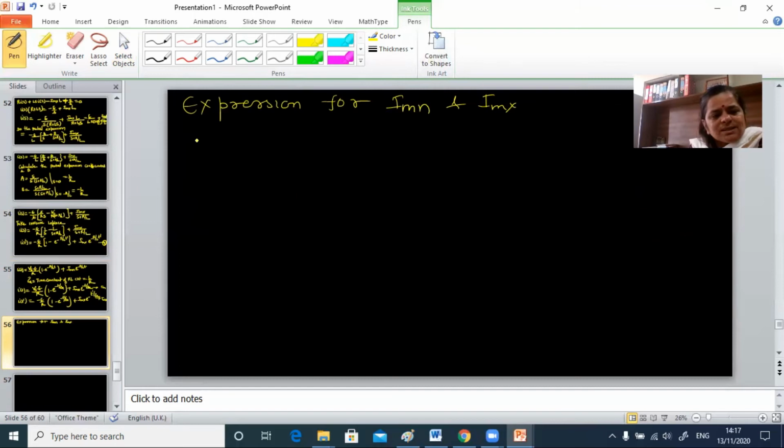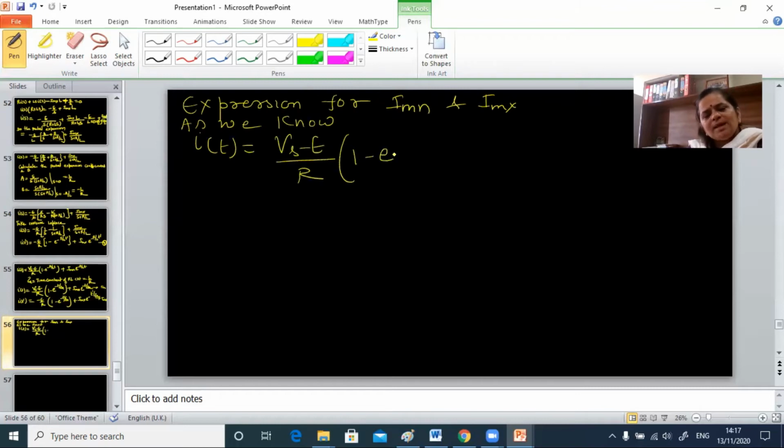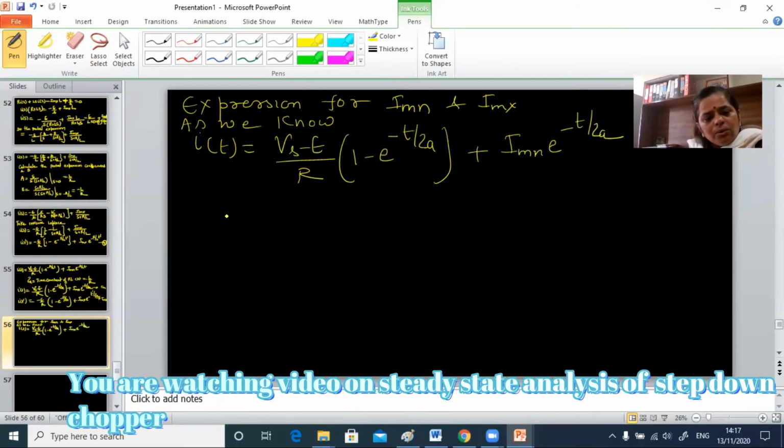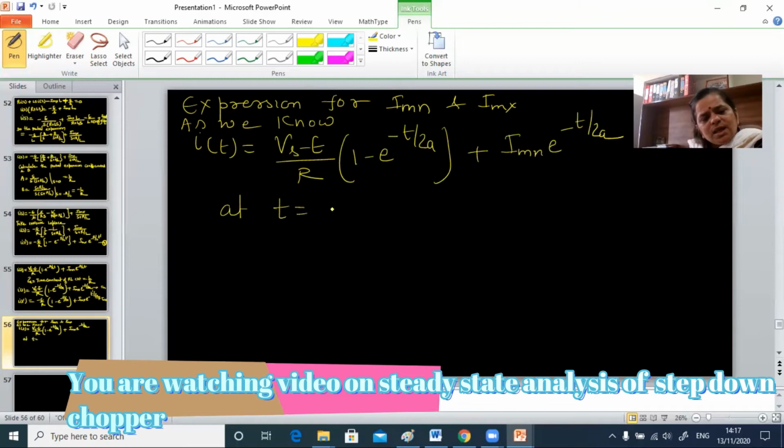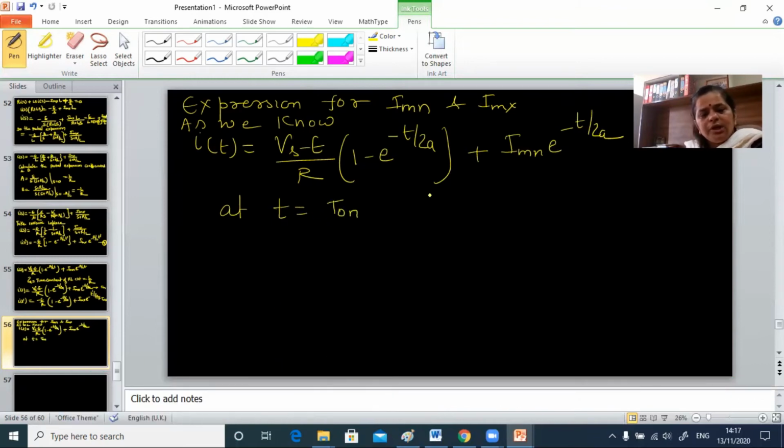Okay, so for this, as we know, i(t) is equal to (Vs minus E) by R times (1 minus e to the power minus t by τ) plus I minimum e to the power minus t by τ. We know that at t is equal to TON, i(t) will be equal to I max.